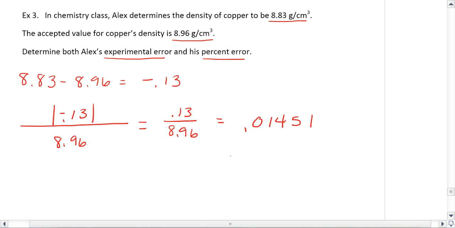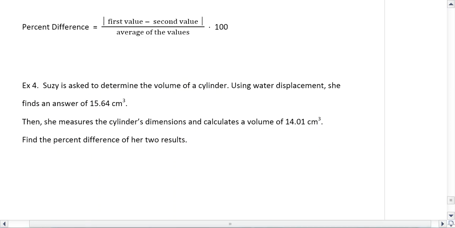And so we will round that off to approximately 1.45%. So Alex wasn't too far off. So once again, just to repeat, when you subtract these to find out how far off you are, the negative sign is irrelevant. It doesn't matter if you're above or below, so just disregard the negative sign in this case.